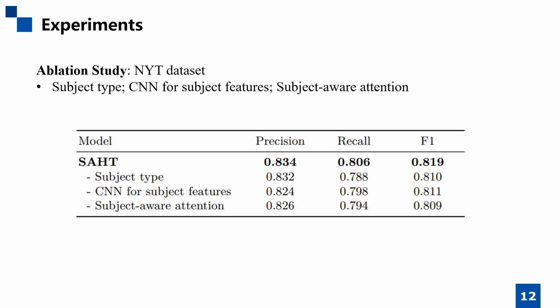Besides, we conduct ablation experiments on the NYT dataset to verify the effectiveness of subject type, CNN for subject features, and subject-aware attention. We delete one component at a time to observe the changes in experiment results, which are summarized in the table.